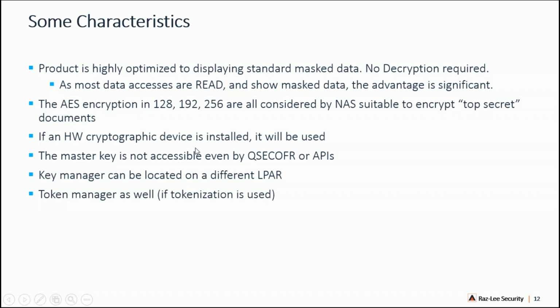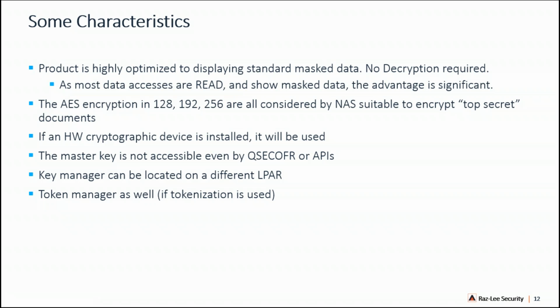So some of the characteristics of the system. We highly optimize the process. First, encryption is expensive. It's expensive in performance and expensive to some extent even in disk space.